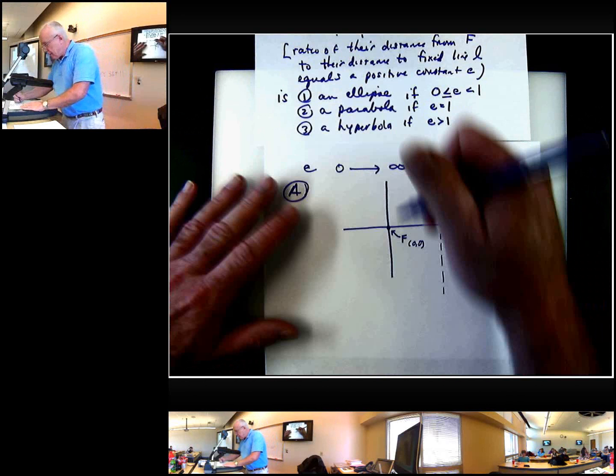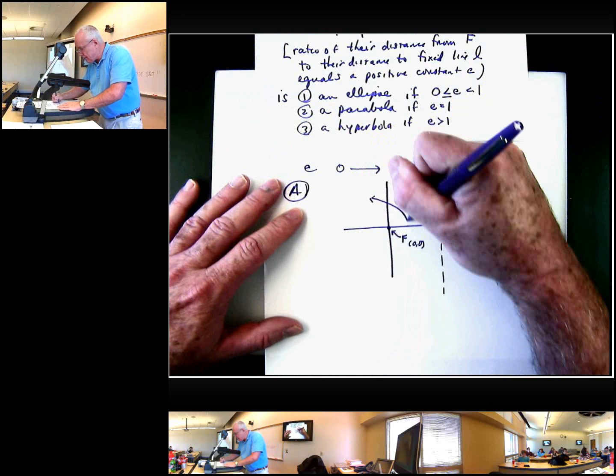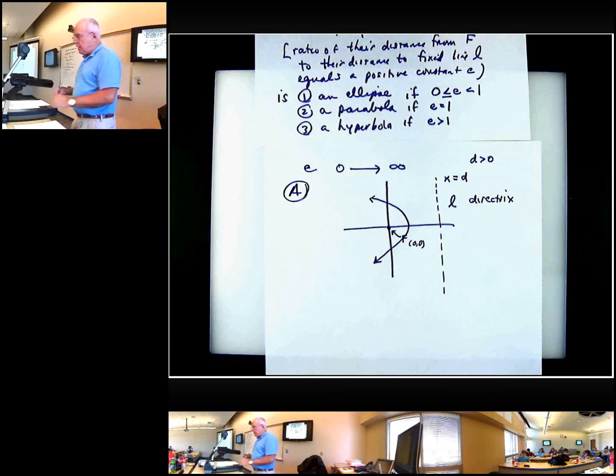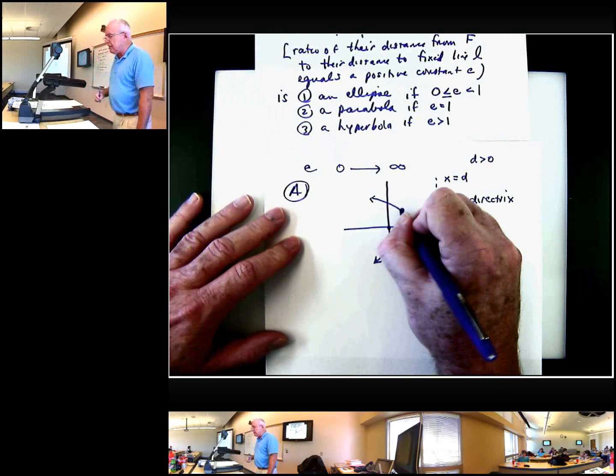Then, I'm terrible at drawing, but here we're going to have our conic section, maybe something that might look like this. And let's pick a point on the conic section.